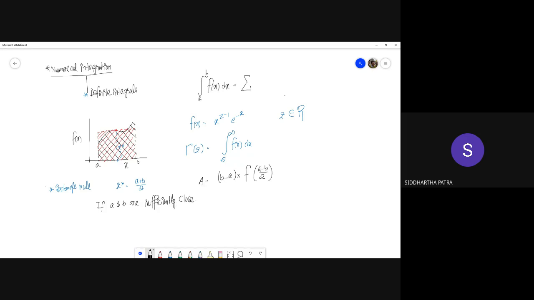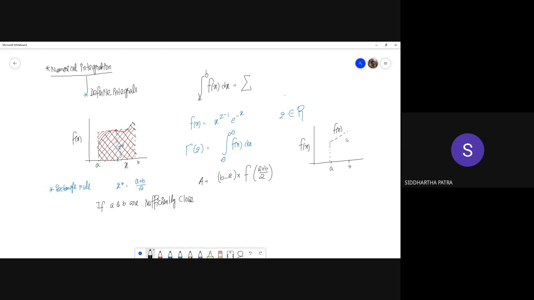then what would happen? Then I can express f of x: if a and b are sufficiently close, then that nonlinear function is almost like a straight line between a and b.